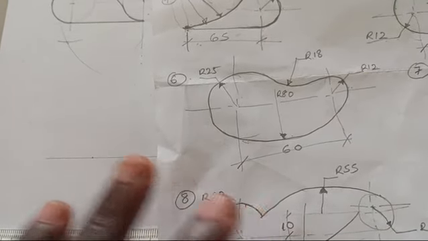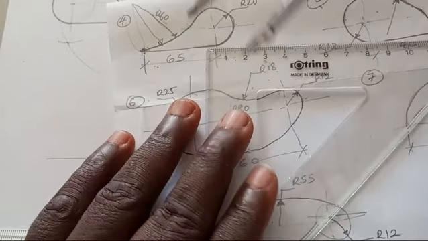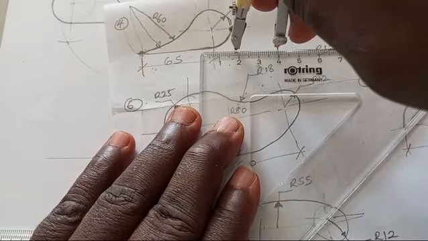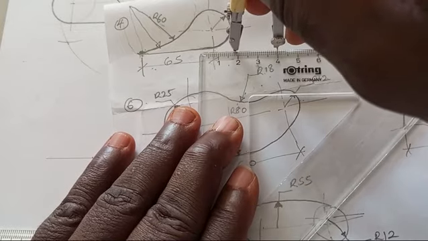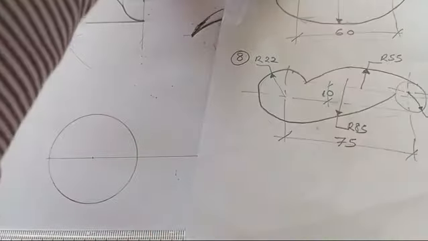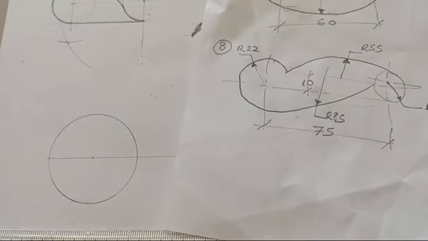Let's measure 22. 22 is here. So I'll draw the circle of radius 22, like that.